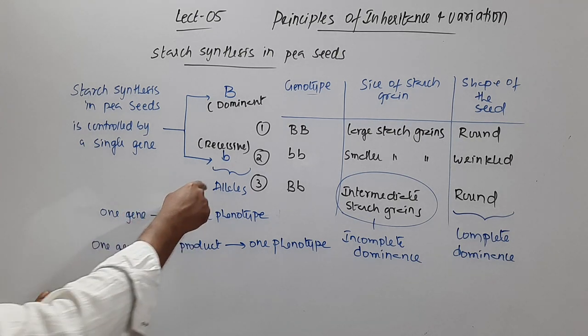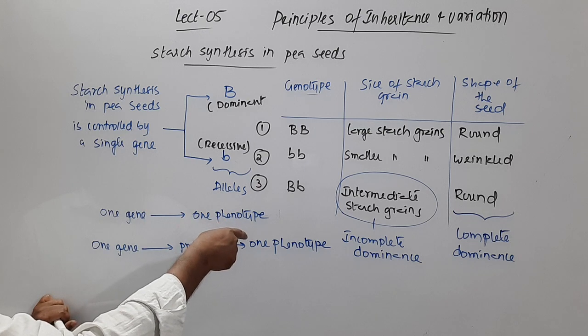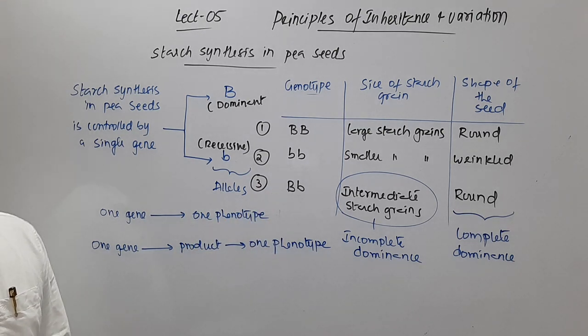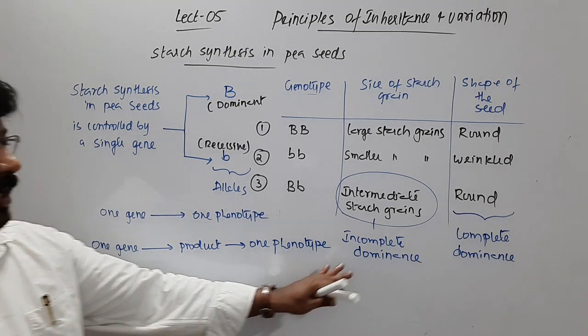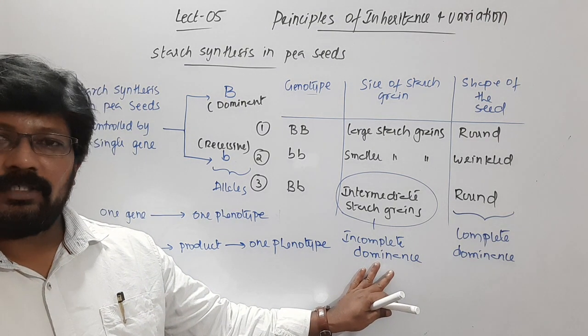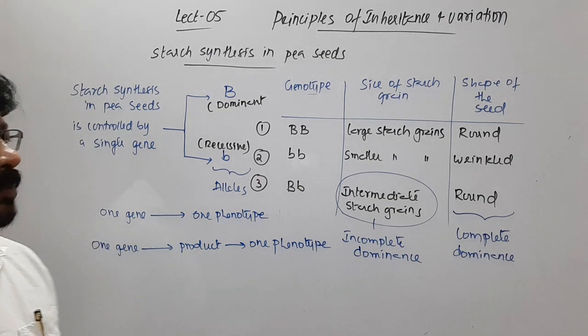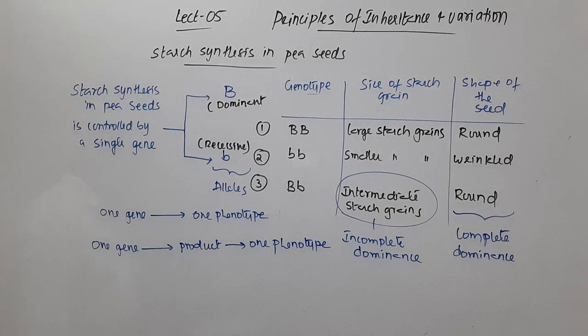But in this case, one gene is showing more than one phenotypic effect. You can see that from one point it's showing incomplete dominance, and from another point it's showing complete dominance.